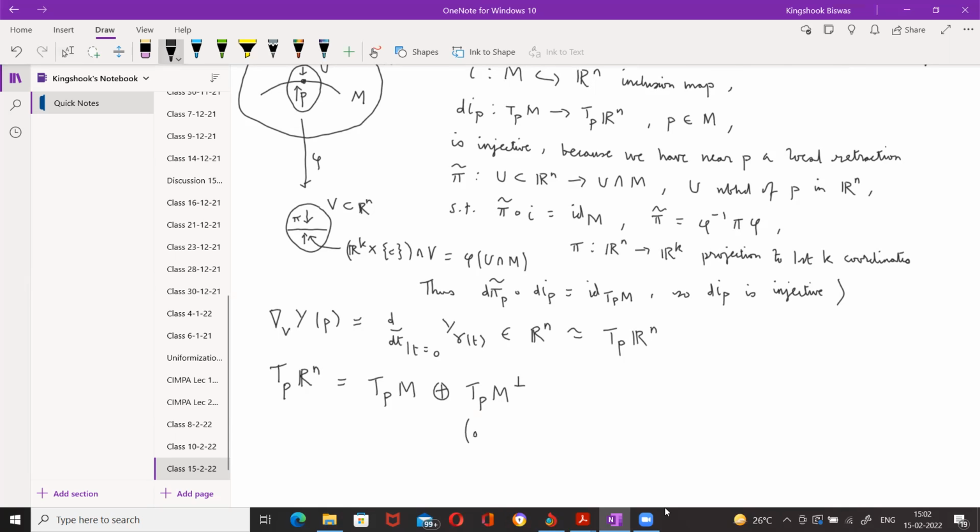So this is the orthogonal complement with respect to the usual inner product on T_P R^n, which is identified with R^n.